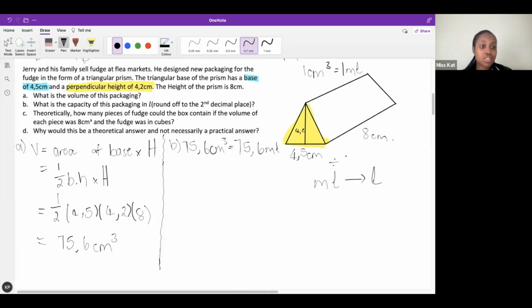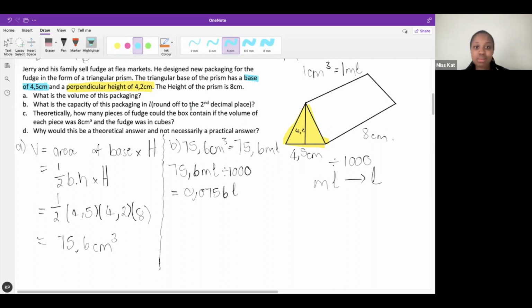Nice, by 1,000. So you're going to say 75.6 milliliters divided by 1,000. Now in liters, the answer is 0.0756 liters. But what did they say in our instruction? We must round it off to the second decimal place.